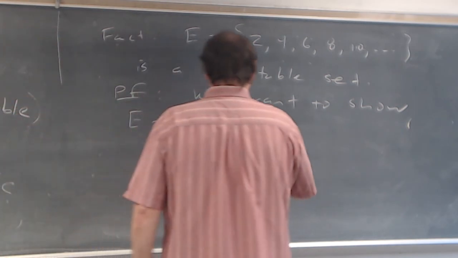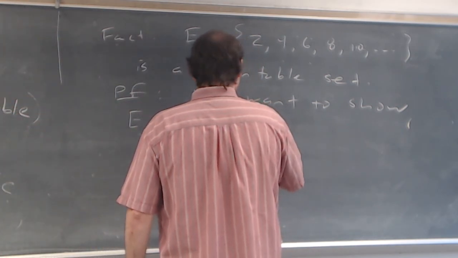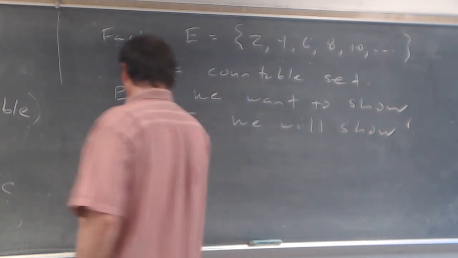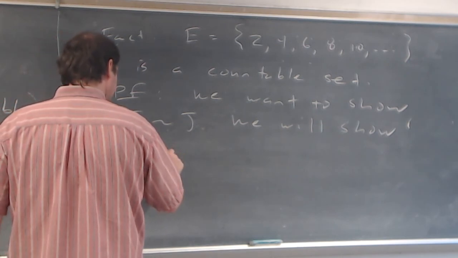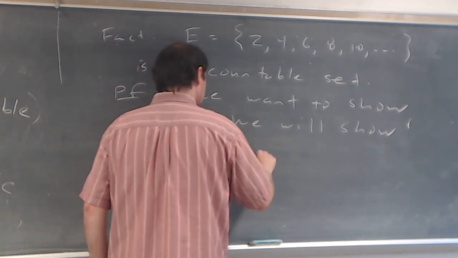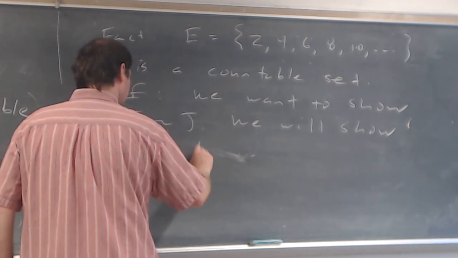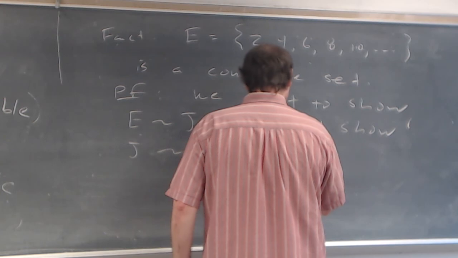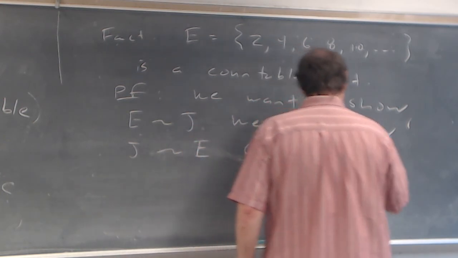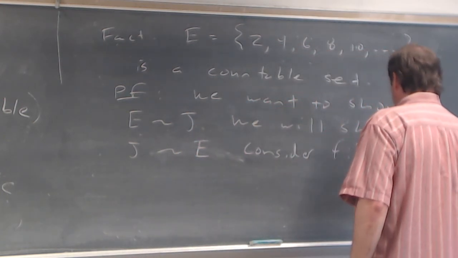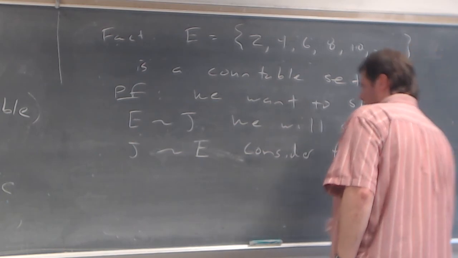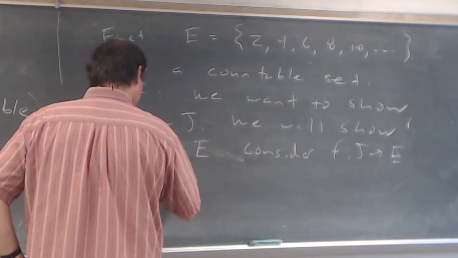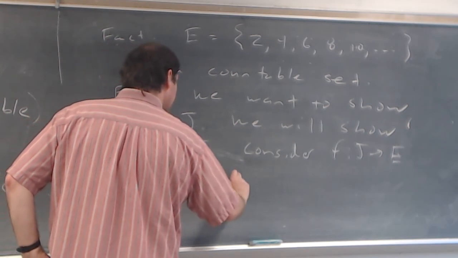Okay? Well, here, we will show J is equivalent to E. And the way we do this, we consider F defined from J into E by F of n equals 2n.